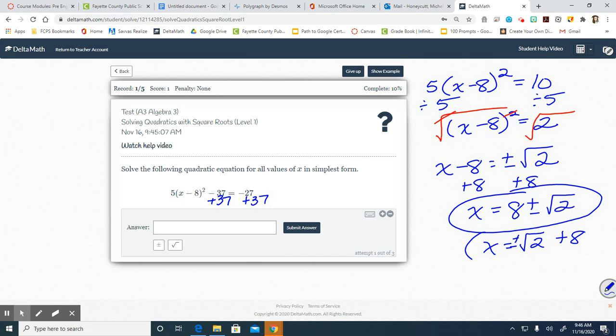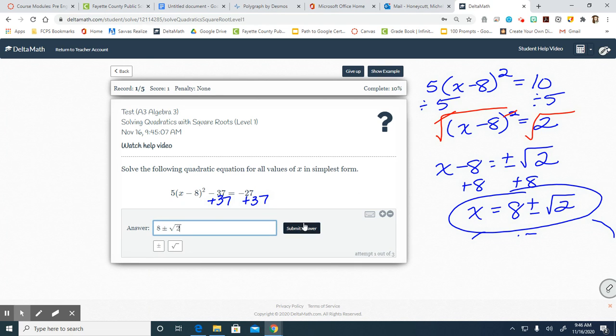That's also acceptable, but you won't see people writing this as often because sometimes we get a little sloppy when we write our radicals, and so sometimes it's a little unclear if people mean that radical to extend over the plus 8 or not. So to prevent that confusion from happening, you usually see people write that 8 in front, in case you're wondering. So I'll type in 8 plus or minus the square root of 2, submit my answer.